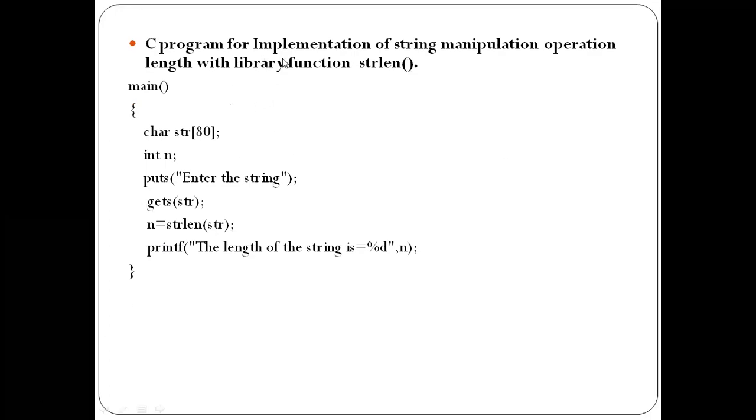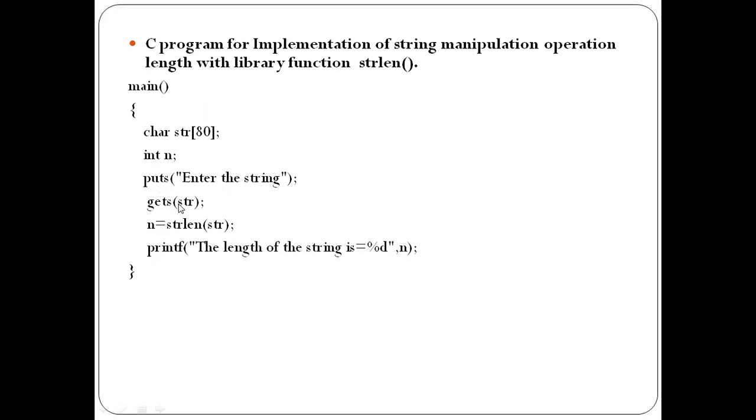C program for implementation of the string manipulation operation length with the library function strlen. The main function starts with a character array str of size 80, and an integer variable n. puts enter the string, gets(str), n equal to strlen(str).